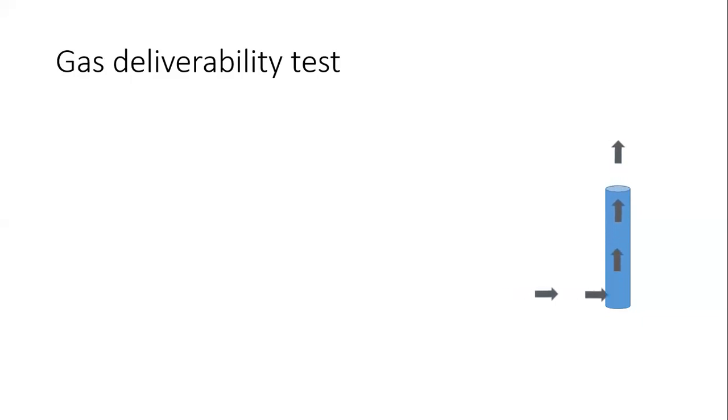Why? Because we need to construct a line that will give us a slope. Based on the slope, we are going to extend towards the condition where we can estimate the potential capacity of that particular well.